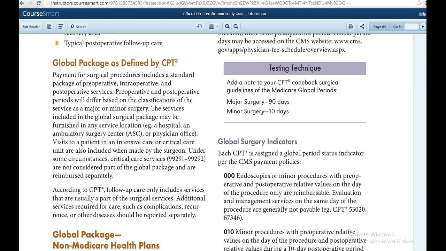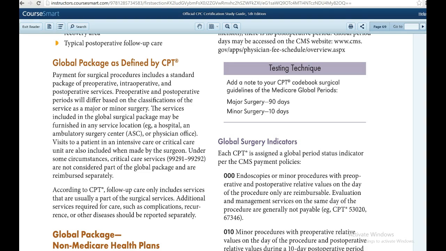Okay, you all remember what I said about a global package? Anytime that a doctor does a surgical procedure and they have a 10-day global period for a minor surgery, that means that surgery has caused that physician not to be able to bill anything that pertains to that surgery for 10 days.